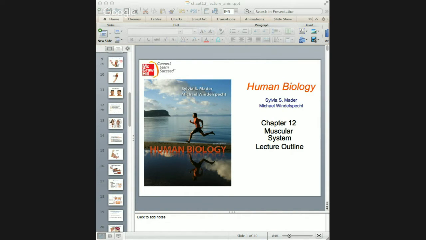Okay, so let me find that screen. I have to jump ahead here. Okay, we were looking at the basic structure of the skeletal muscles, and we saw that muscles are connected to bone via tendon, which is made up of connective tissue. And the whole muscle is enclosed in what is known as a fascia.